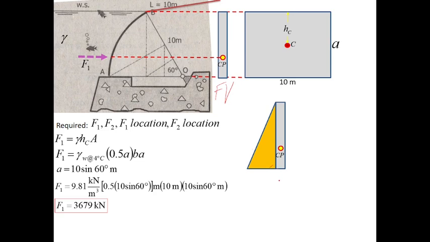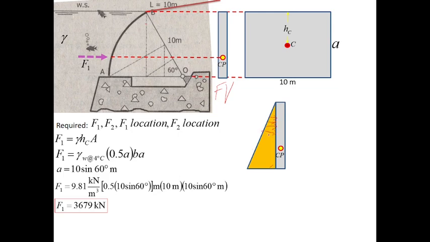Naturo ko na dati na kapag vertical ang pinag-uusapan, triangular yung shape ng pressure diagram. So, meron kang pressure distribution that varies in intensity as we go deeper.